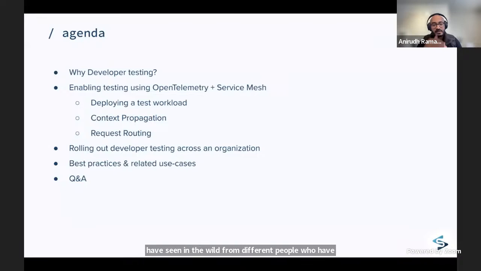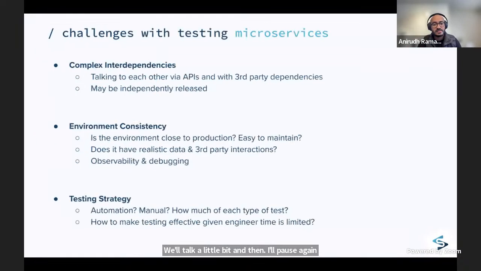At different points, I will pause for Q&A. When we are done with the problem portion of it, we'll talk a little bit, and then I'll pause again before going into best practices and such.